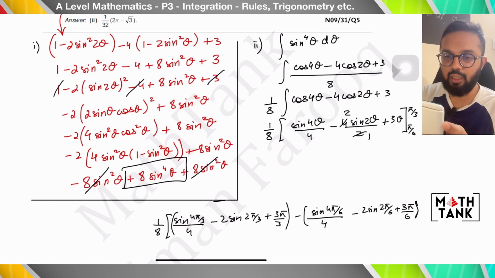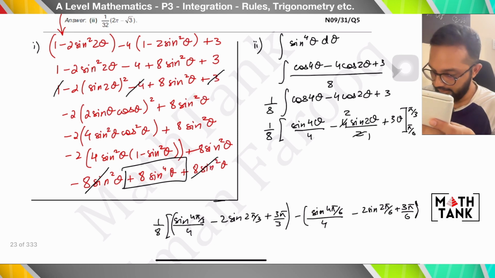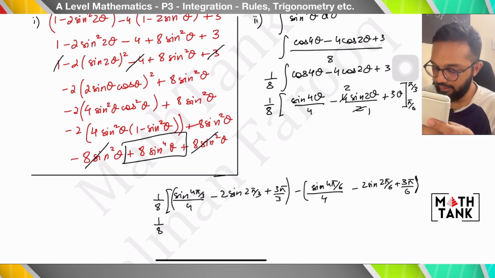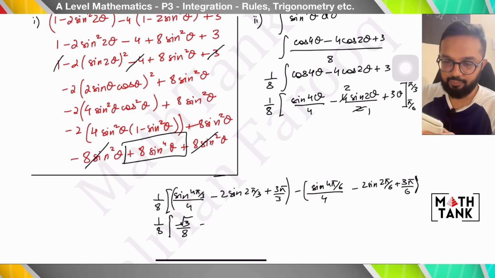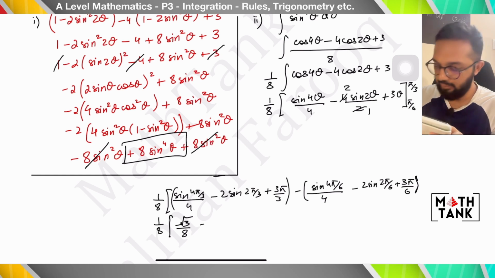Okay, I will do everything on a calculator and tell you that this is 1 over 8 minus root 3 over 8, that's root 3, and that's pi.